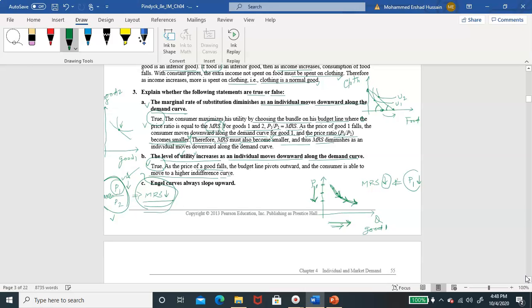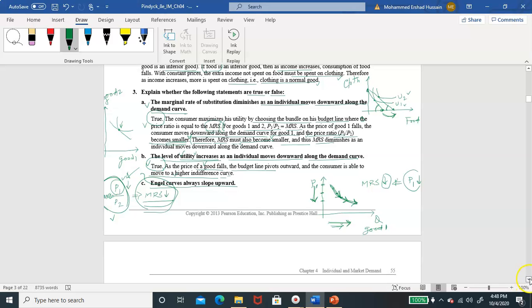Now look, U2 is higher than U1. When the price of a good falls, the budget line rotates outward and is tangent to a higher indifference curve, U2. Before it was U1. The consumer is able to move to a higher indifference curve, so utility will increase.